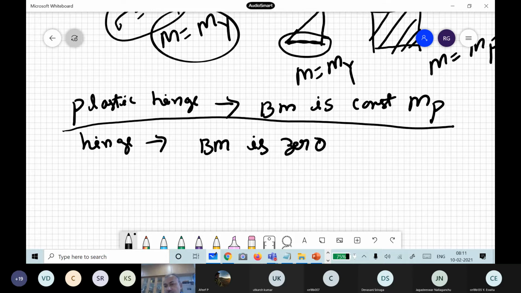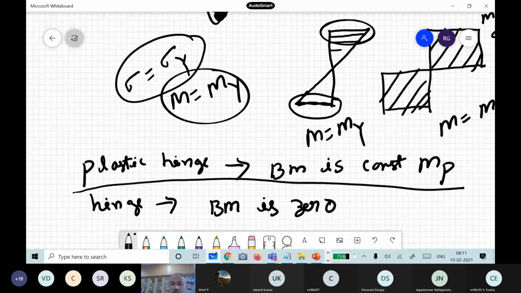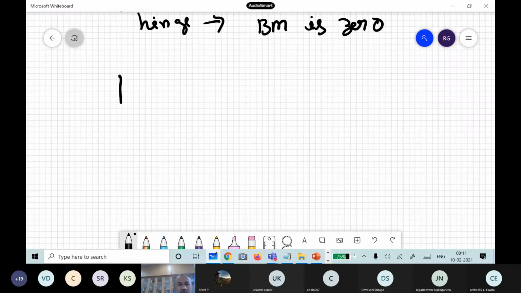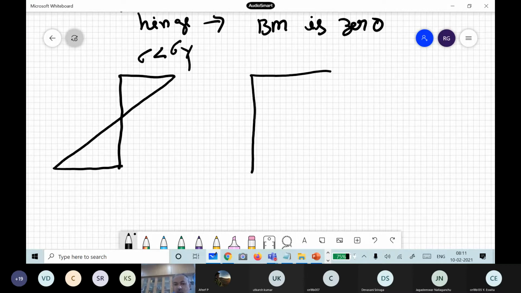Now in our beams, this is the ordinary flexural stress distribution. Slowly, if you want, we can draw all the stages also. Let us say sigma is less than sigma_y. Then slowly some fibers may get plastified.